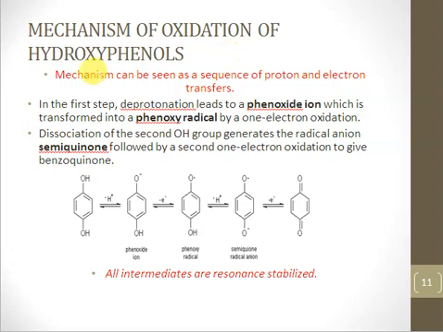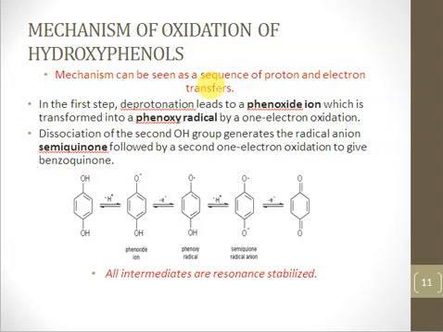The mechanism of conversion of a hydroxyphenol into the quinone can be seen as a sequence of proton and electron transfer, right? So there will be loss of hydrogen, and there will be loss of electron. The first step will be deprotonation, meaning removal of a hydrogen, and the next step will be the removal of an electron.